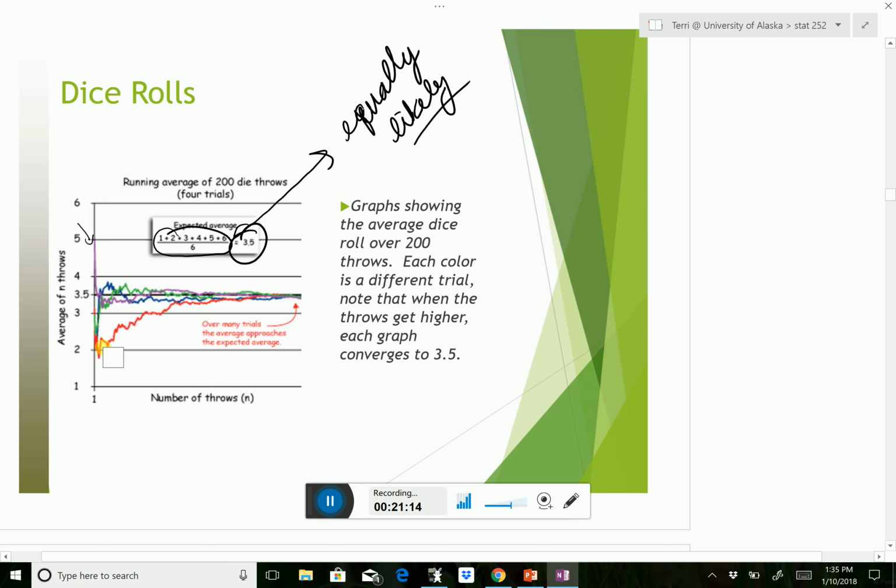But this one actually goes downward. They all do something crazy. But notice that the average dice roll, they converge as n gets larger and larger, closer to 200. Look what happens. They all converge into 3.5. And if you did 500 dice rolls, they would even do it. You'd have to even zoom in farther to see the difference.